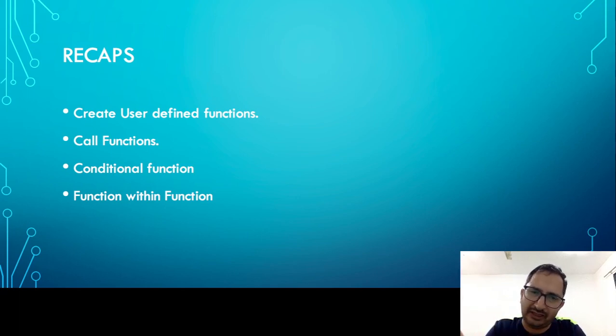Then it can be followed by letters, numbers, anything. How to call a function: just write the function name, brackets and semicolon. Third thing we have learned is conditional functions. Conditional functions means functions which are inside a conditional statement. Last is function within a function. There are some situations where we have a function inside a function.